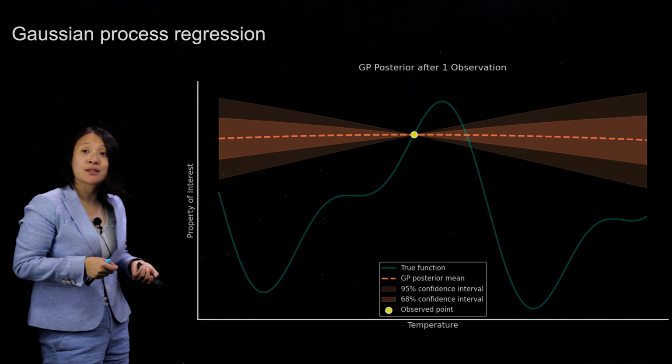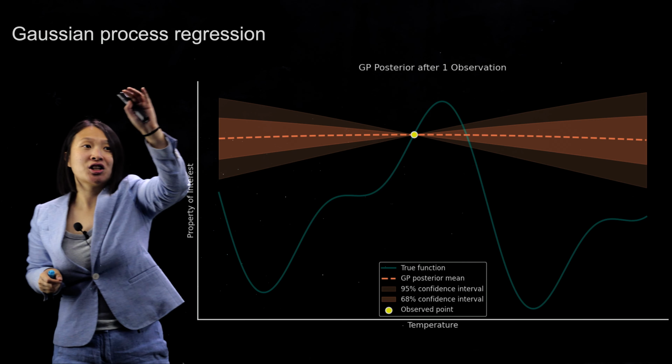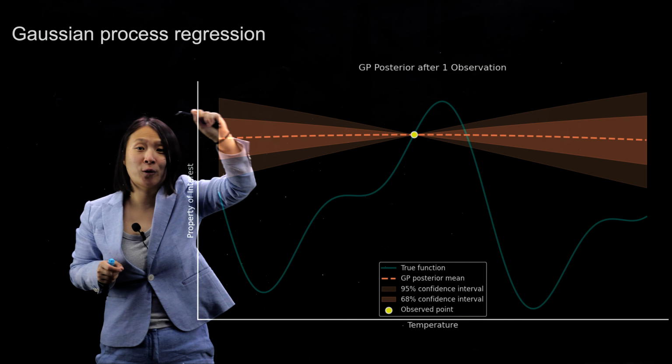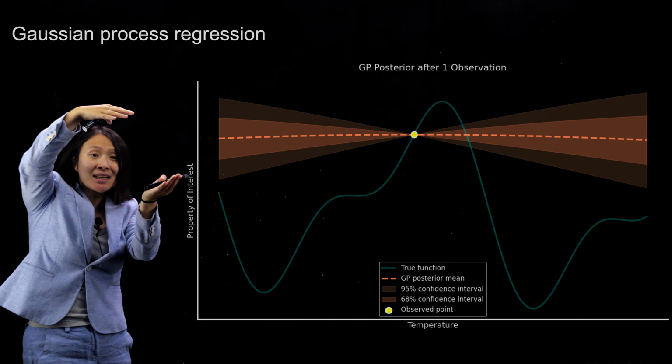The Gaussian process regression model now is updated. So now we have a GP posterior mean, which again is this dashed orange line. At the same time, you can see we have uncertainty estimates.